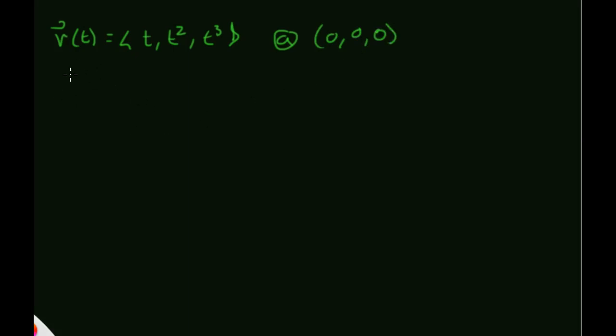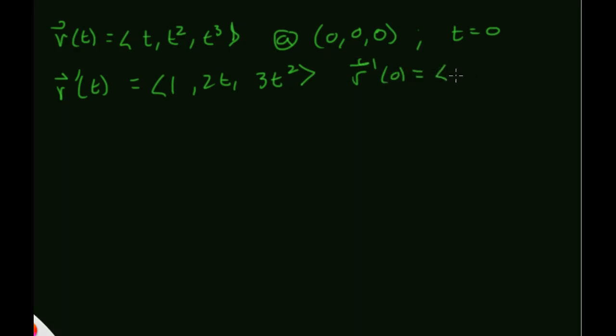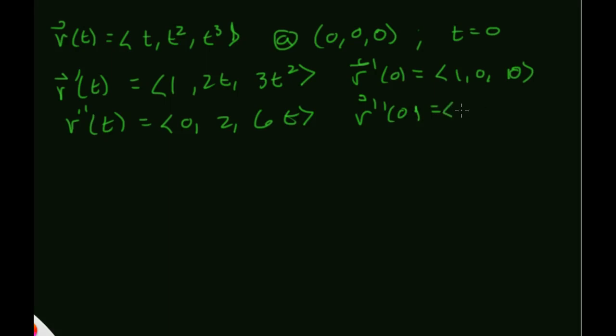It's not hard to see that this occurs when t is equal to 0. r prime of t here would be 1, 2t, 3t squared, which means that r prime of 0 is going to be 1, 0, 0. r double prime of t here will be 0, 2, 6t, which means r double prime of 0 is 0, 2, 0.